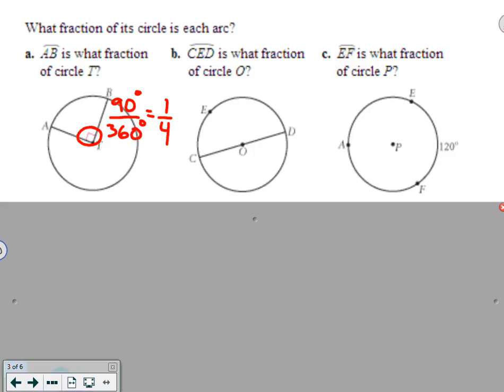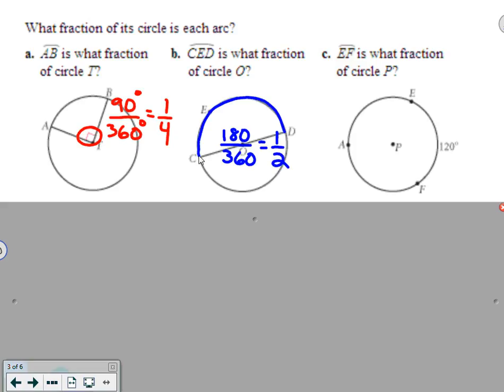In part B, it asks, arc CED is what fraction of circle O? We can see arc CED is a semicircle because we know CD is a diameter. Arc CED measures 180 degrees out of a total of 360.